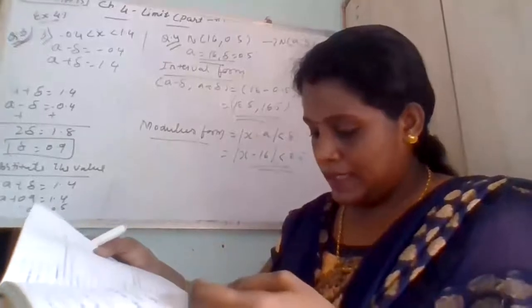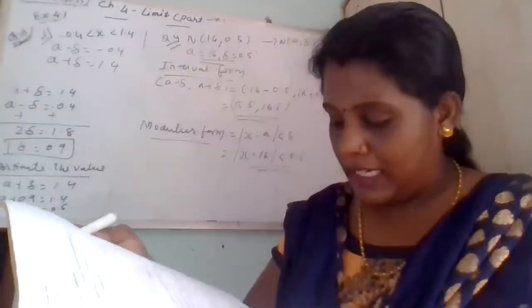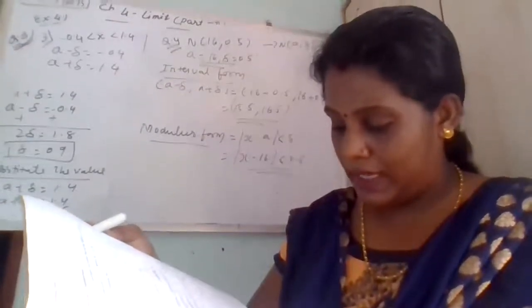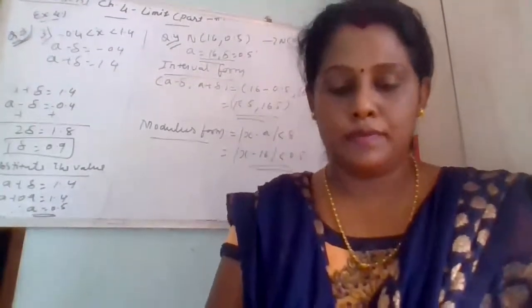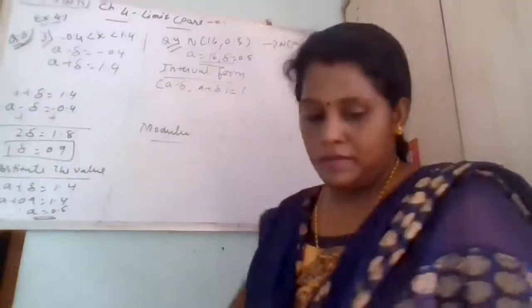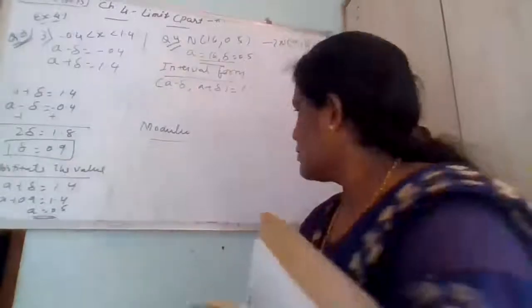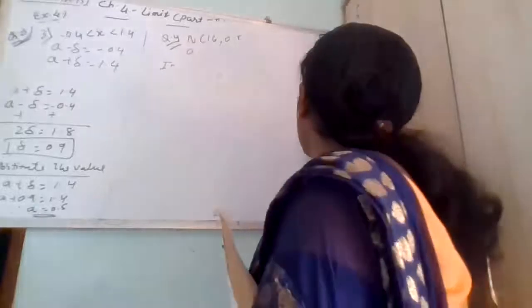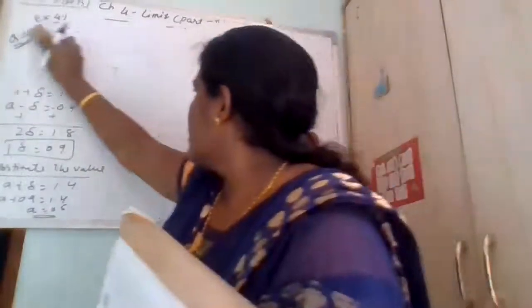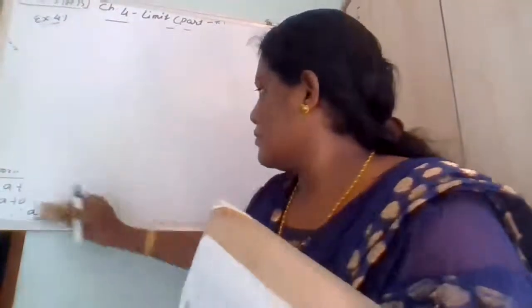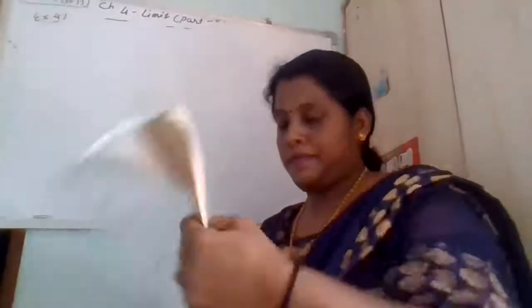But now next is the most important sum. So tick mark that one. That is, if N(3, b) equals (2.95, k), then find the value of b and k. So now let's see the fifth sum.